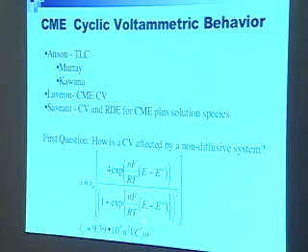You'll notice, by the way, concentration times volume is just the number of moles of molecules that's in the cell. All of the electrochemistry that I've shown you so far, I didn't make a big deal of this, is concentration dependent, and concentration right next to the electrode. So you could have a trivial number of molecules in your cell.